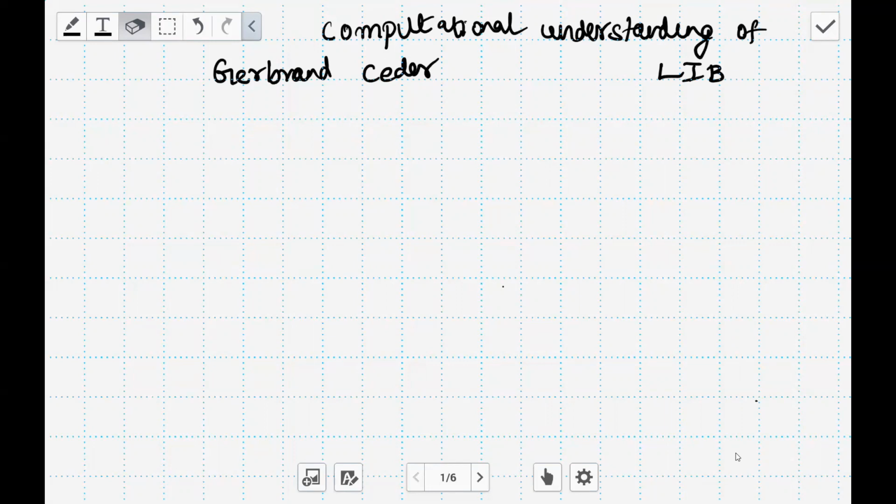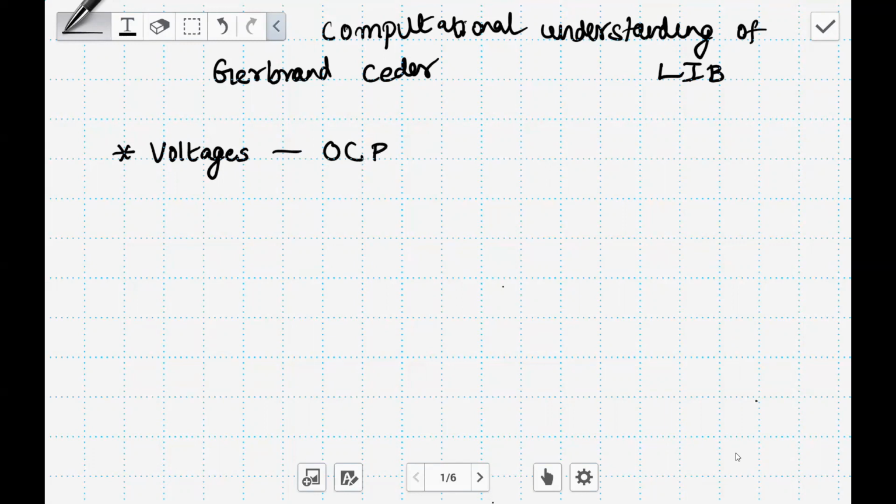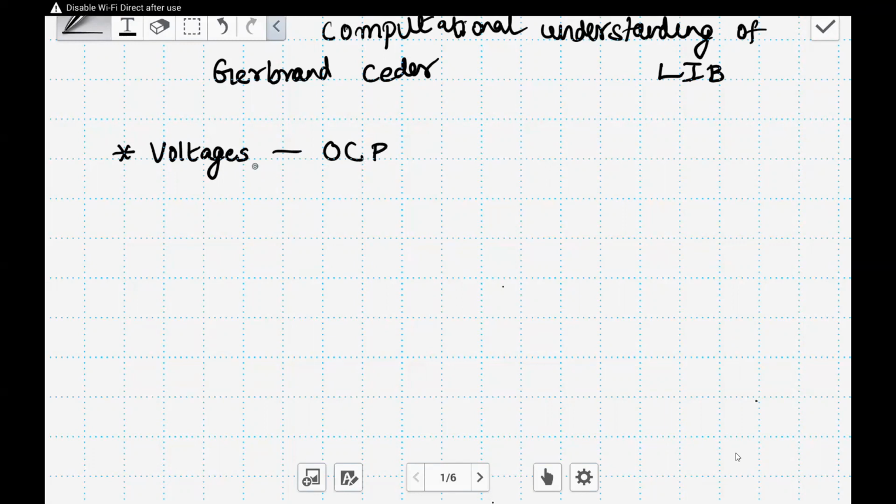When the battery is used, what are you typically interested in? You are interested in voltages: open circuit voltage, equilibrium voltage, and then OCP, open circuit potential, then the voltage profile.